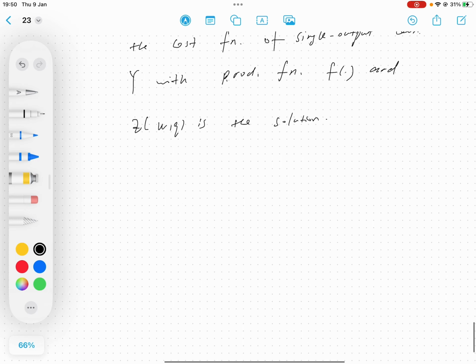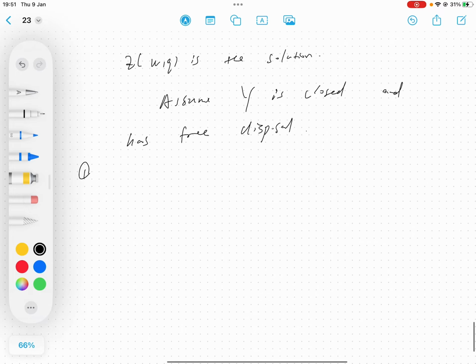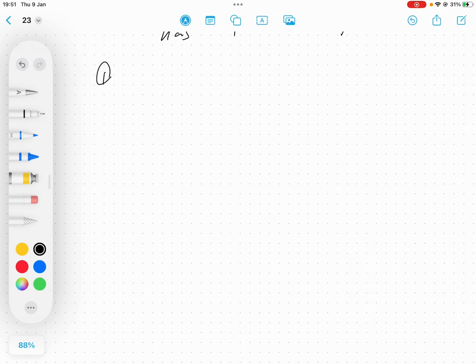It's just for simplicity. So we assume that Y is closed and has the free disposal property. Okay, good. So the first property that we're gonna have is again the homogeneity.